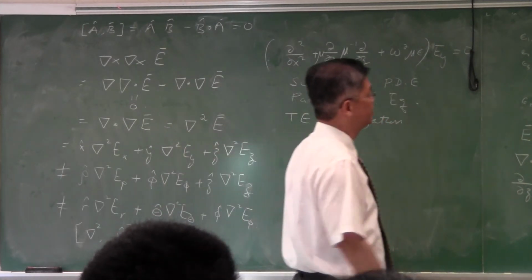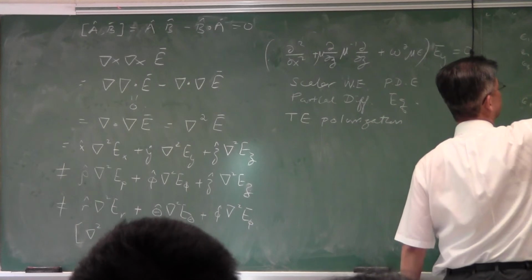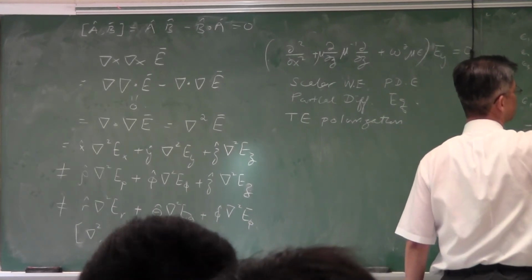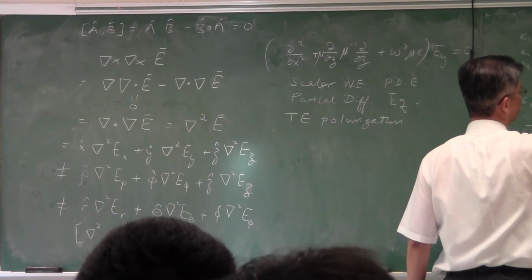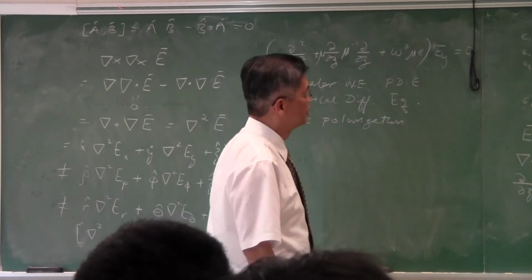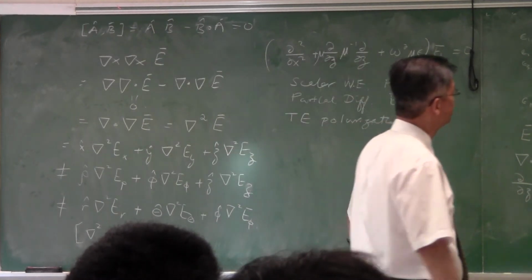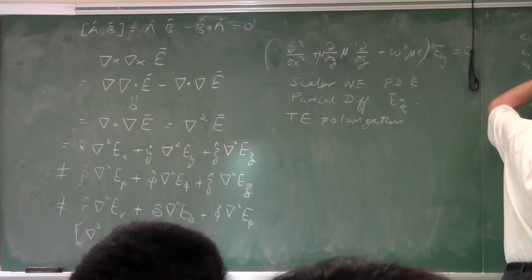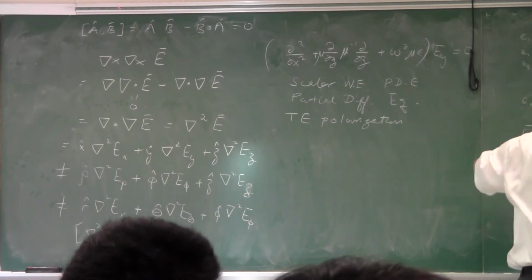Because I'm studying a wave that will propagate through this medium in this direction. And the electric field is polarized in the y direction. And hence, this is the wrong picture actually. I can draw this picture like this. The electric field is polarized in the y direction.